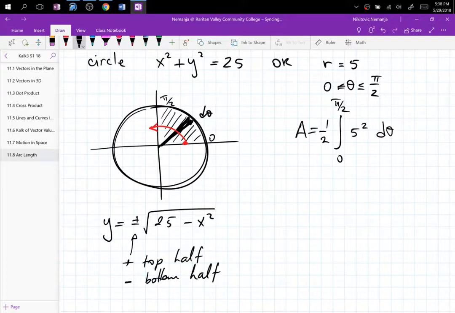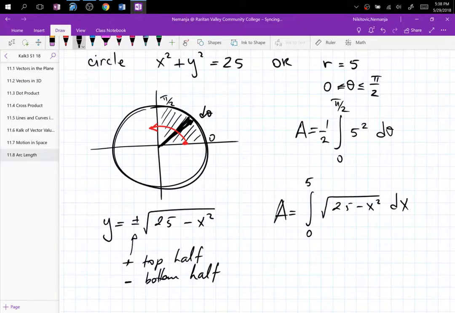So if I want the area using these guys, I have to use the square root of 25 minus x squared, and because I am only using the top, then it's just positive square root. But then this would give me everything, including this piece that I don't want on the top. So now I have to limit my x's between 0 and 5.